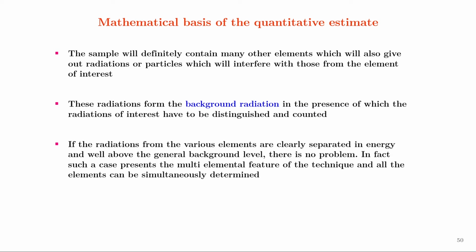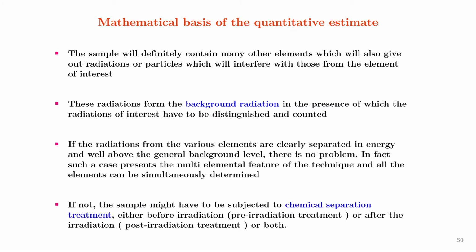In fact, such a case presents the multi-elemental feature of the technique, and all the elements can be simultaneously determined. If not, the sample might have to be subjected to chemical separation treatment either before irradiation, that is pre-irradiation treatment, or after the irradiation, post-irradiation treatment, or both.